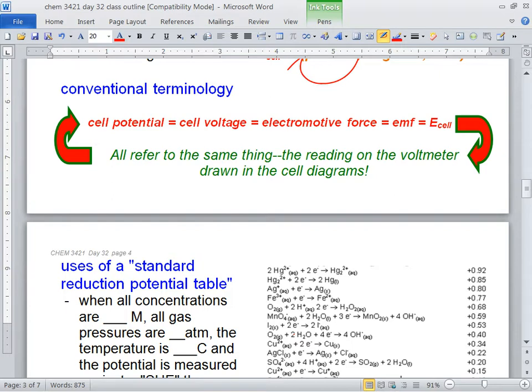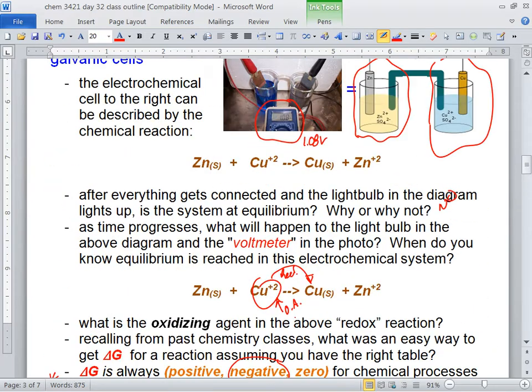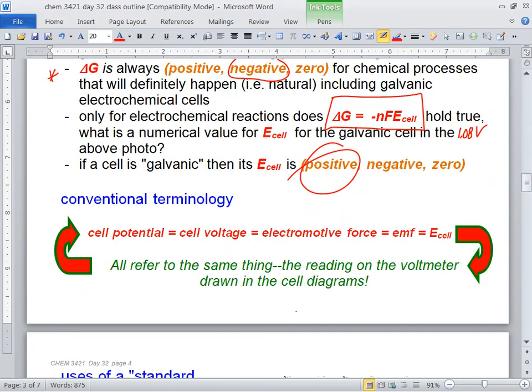All this means the same thing. They ask, what does the voltmeter read? That's the same as what's the cell potential, what's the cell voltage, what's the electromotive force, what's the EMF, what's the E cell. It all means the same thing. What the voltmeter reads, exactly.